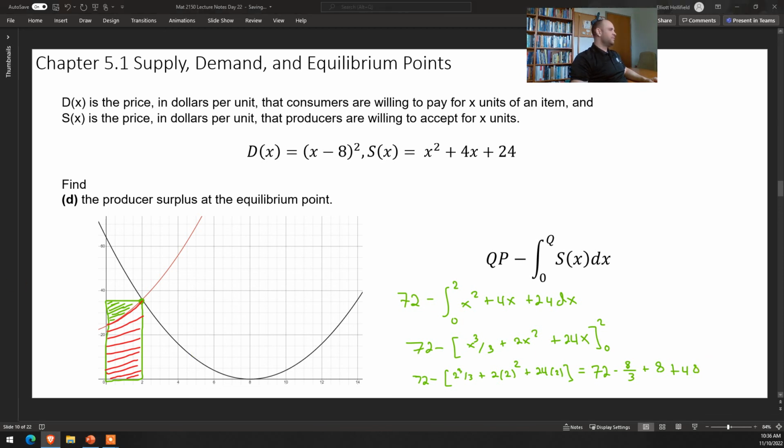Now let's simplify. We have 72 minus 8 over 3. Let's not forget our parentheses here. We need to subtract all of those terms, minus 8 and minus 48.